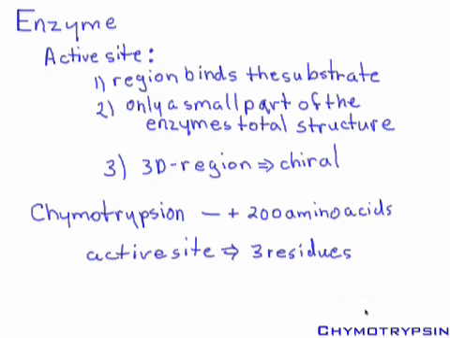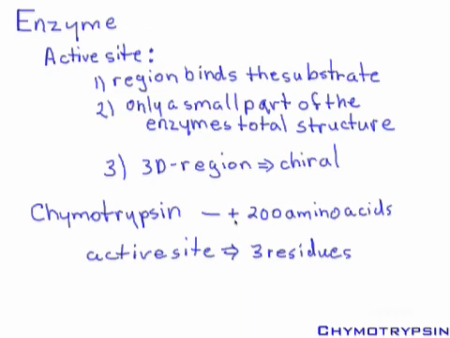But what we want to do now is probably look at one of the most accepted mechanistic pathways for the functionality of chymotrypsin and the cleavage of the substrates upon which it reacts.